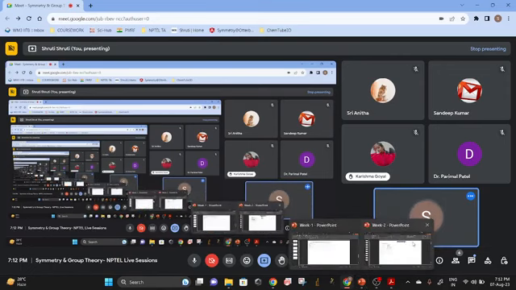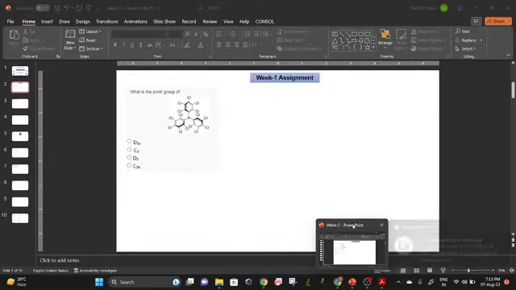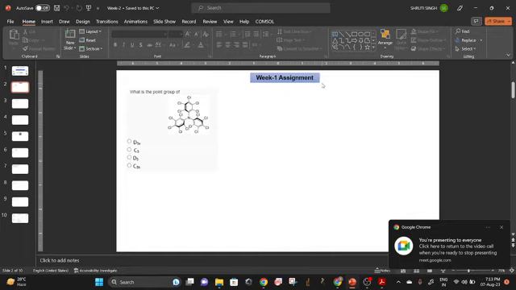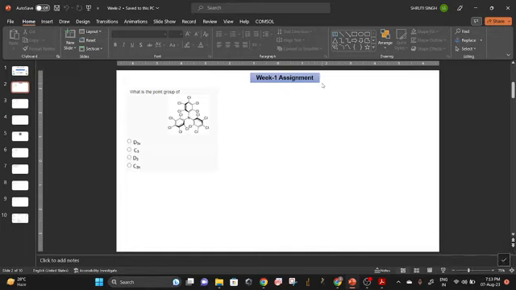because the rings are tilted and they are not perfectly aligned in the plane of the nitrogen atom.